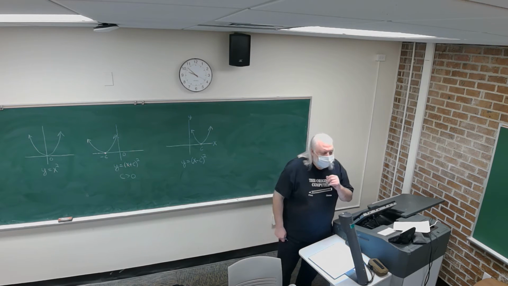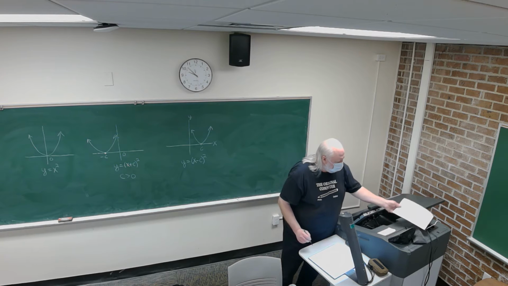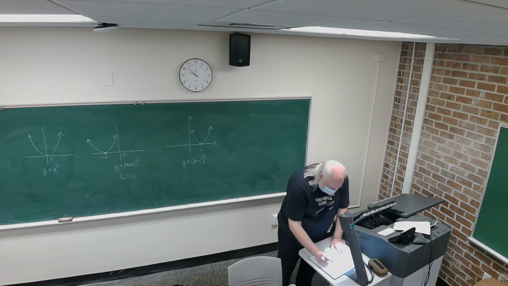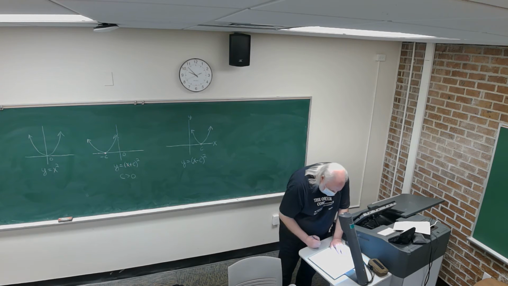Any questions on that? All right, y equals 1/2 f of x is a compression, because 1/2 is between 0 and 1. So the graph is going to get flattened.